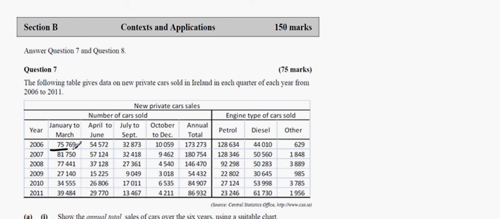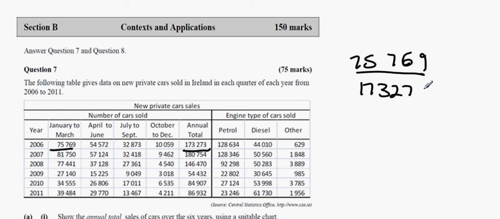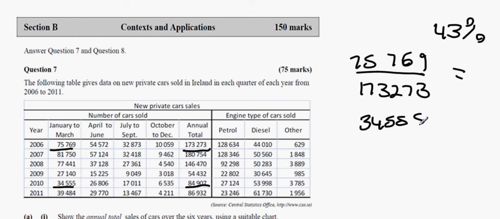Okay, so let's say 75,769 divided by 173,273. Let's see what sort of fraction that comes out as. Now it's 43%, okay? Now that was back in 2006. Let's try 2010 and 2011, okay? So 2010 maybe 34,555 divided by 84,907.